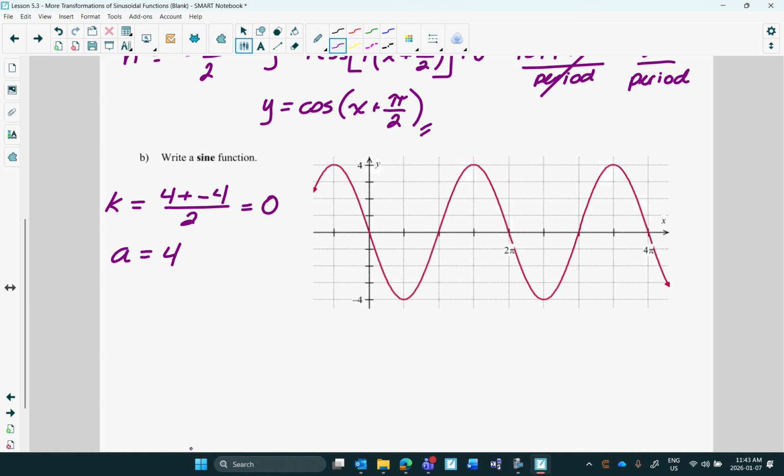B is 2 pi divided by the period. So I've got to go to the graph and look for a sine cycle. Remember, a sine cycle starts at the midline, right? So would you all agree a sine cycle starts here and ends here?